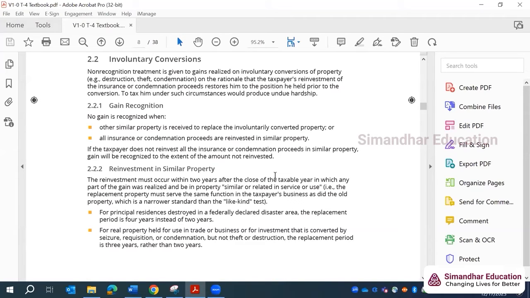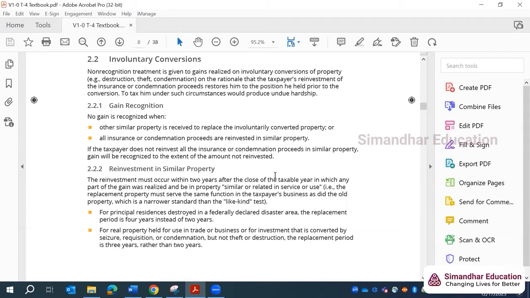That either you replace the property with a similar property, or if you are getting cash from the transaction, you are reinvesting all that cash to purchase a similar property. So as long as you are reinvesting the proceeds from the involuntary conversion, you are allowed to defer the gain and not pay taxes on that gain.